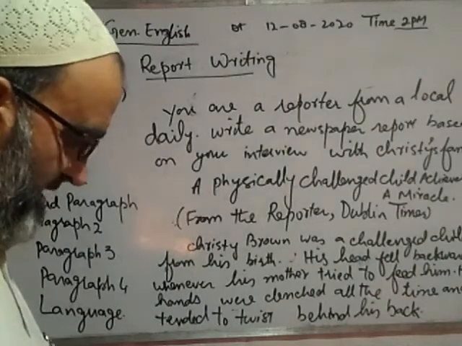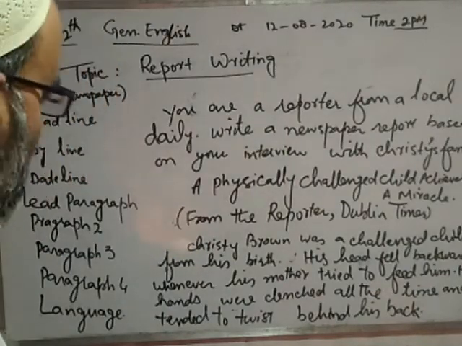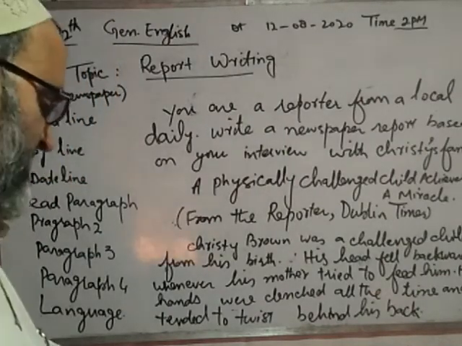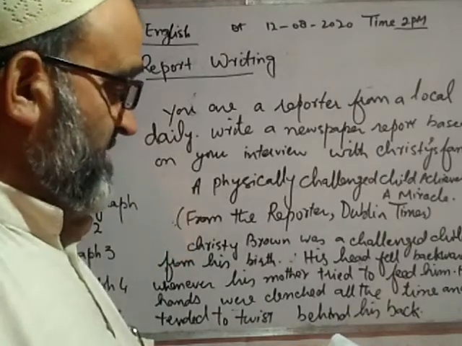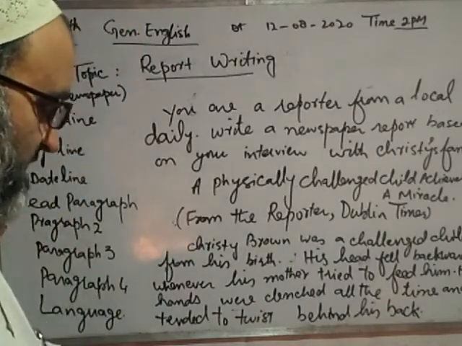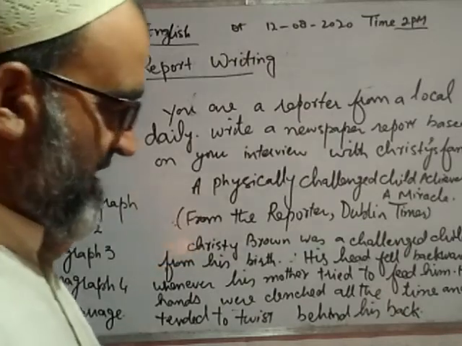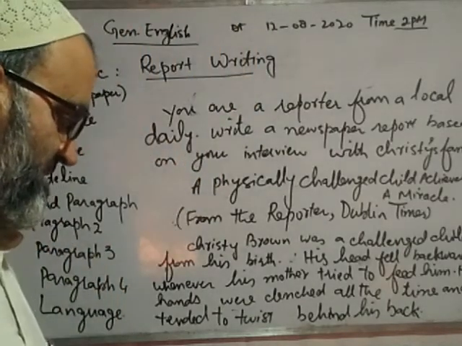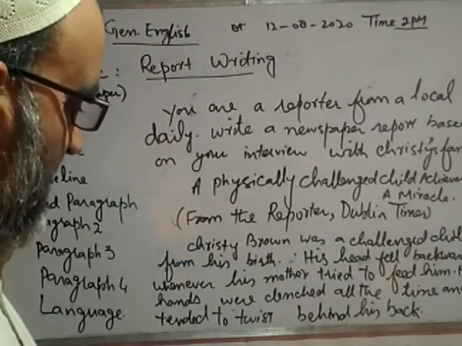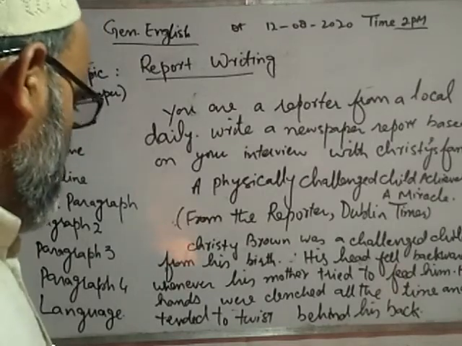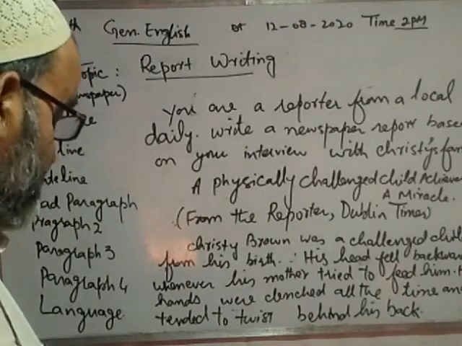Now, last para. What does this incident prove? Yes, this incident proves the truth that it is possible to achieve the impossible with faith and support from one's family. The generalization now.